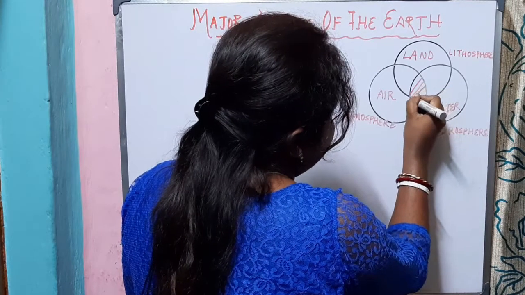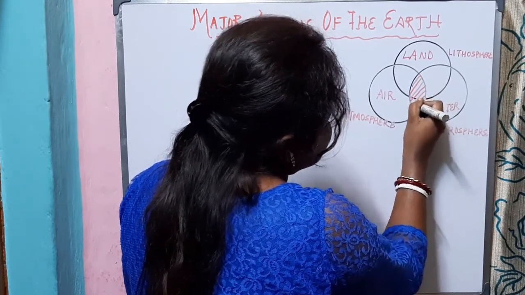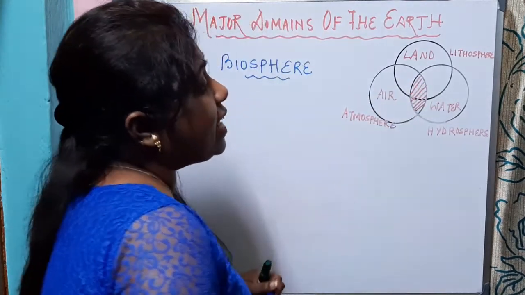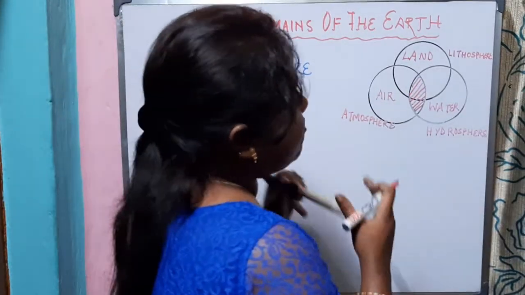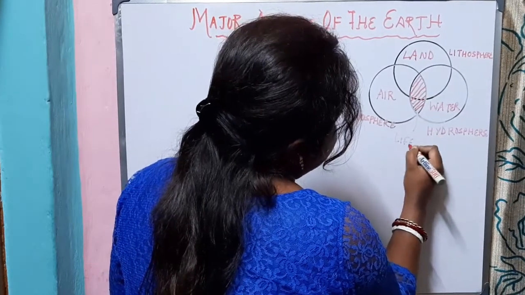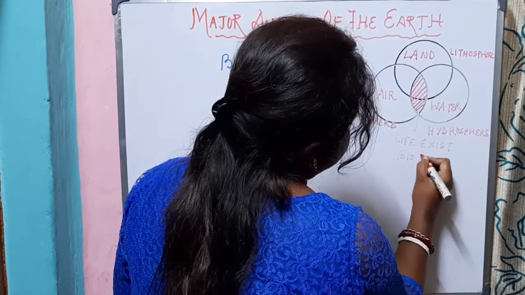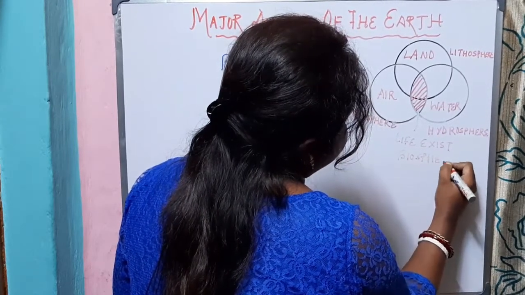In this narrow zone all the suitable conditions required for the existence of life are available, so this is the zone where life exists, and it is referred to as the biosphere.